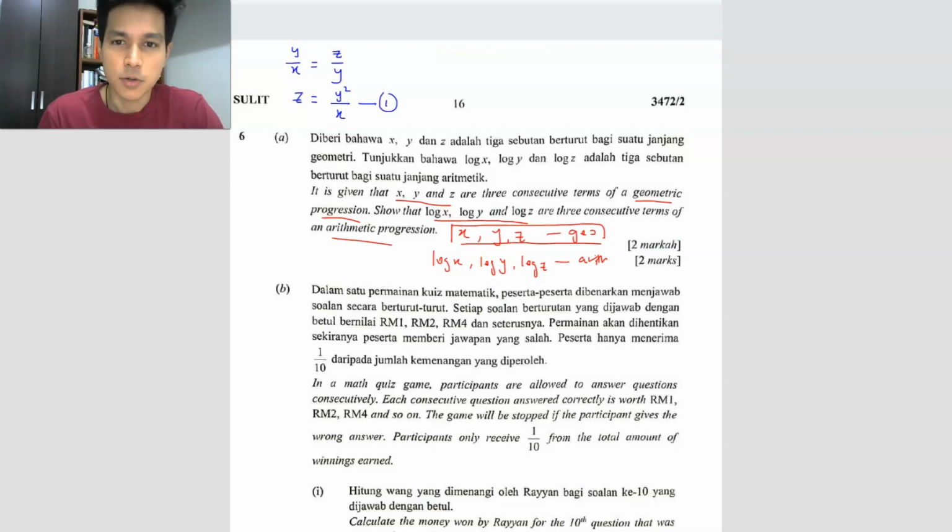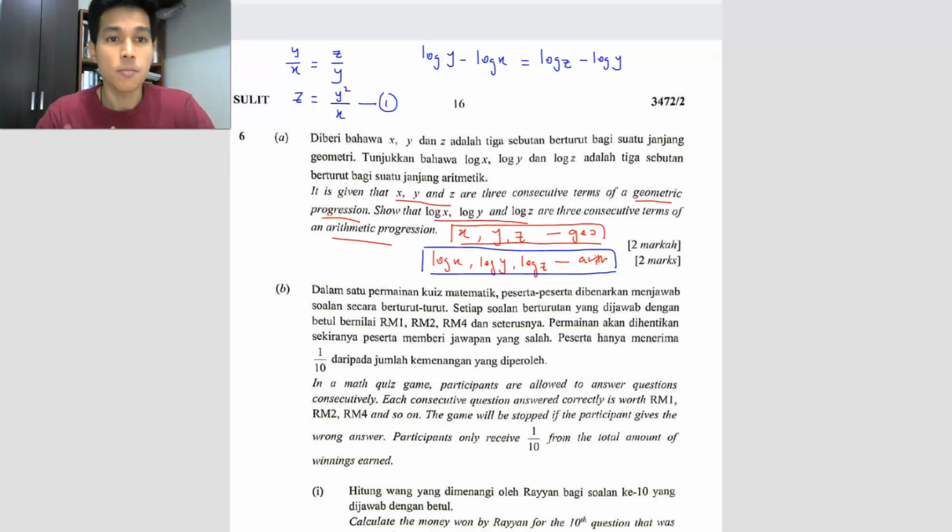Now we see what we can do with the second equation, the log. What equation can we form? Because it is arithmetic, you know that log y minus log x should be equal to log z minus log y. This is the common difference.